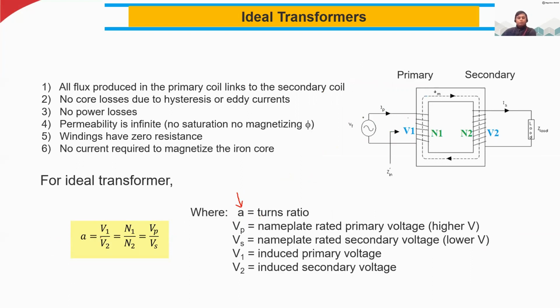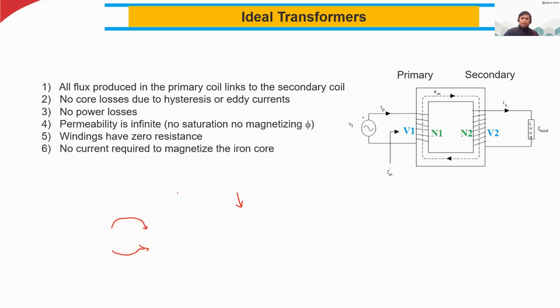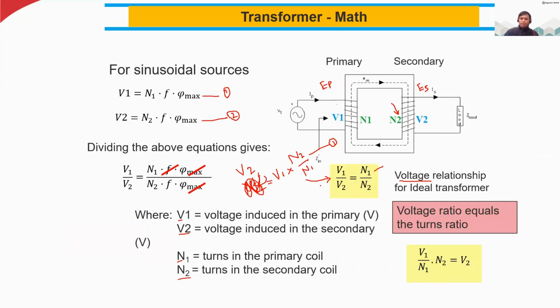So a is equal to V1 over V2 is equal to N1 over N2. V1 we can also call VP or EP, that's not a matter. Please remember this formula also. This is the turns ratio, the same formula we had seen here, we are just putting a here.